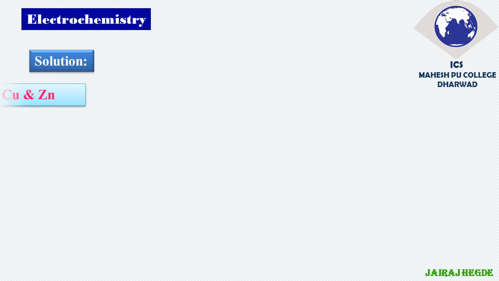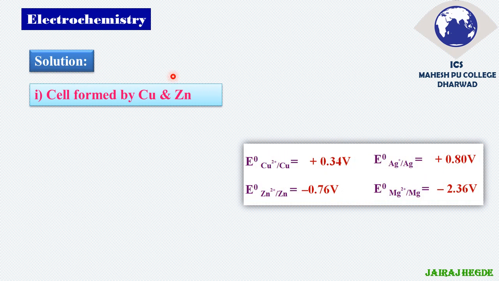Let's go for the first problem. The cell formed by copper and zinc. Copper has a reduction potential of 0.34 and zinc has a reduction potential of minus 0.76. Then which one has to undergo oxidation? Zinc has to undergo oxidation because the one with low reduction potential acts as anode, the one with high reduction potential acts as cathode.